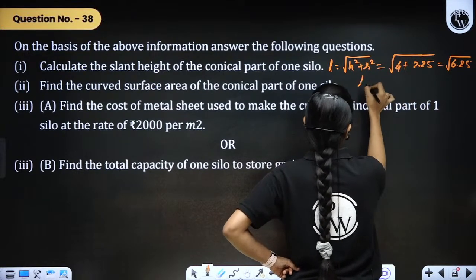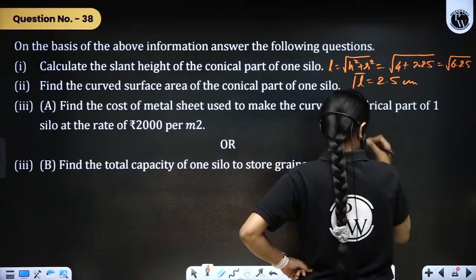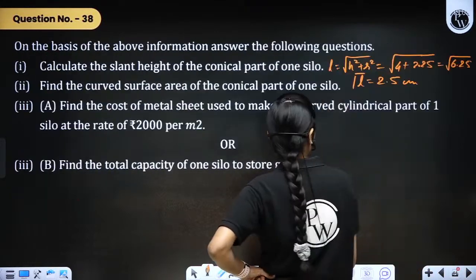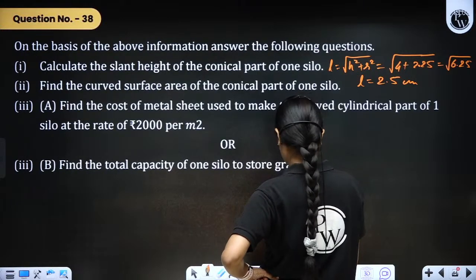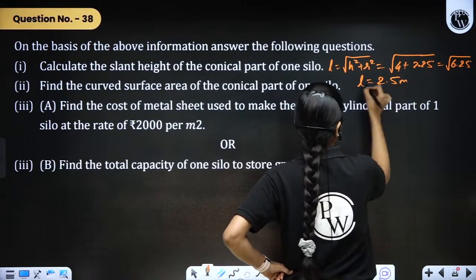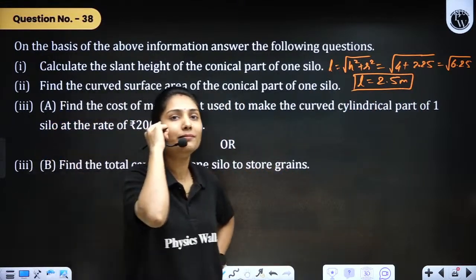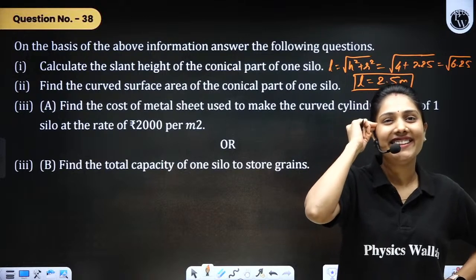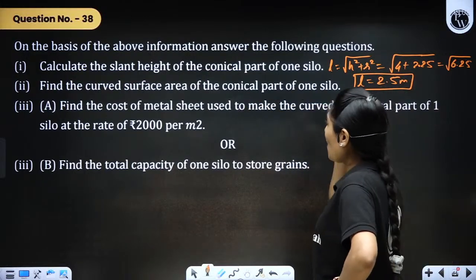So slant height is 2.5 meter. Yes, correct. Next, find the curved surface area of the conical part.